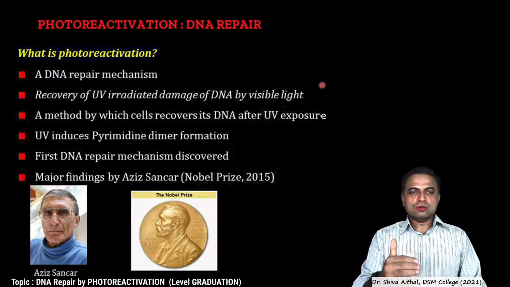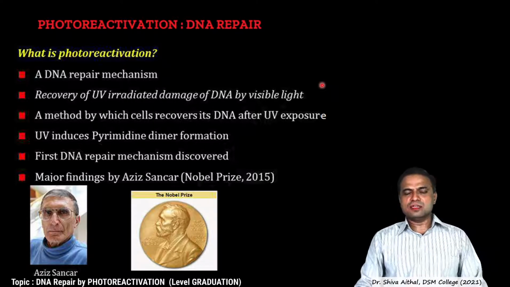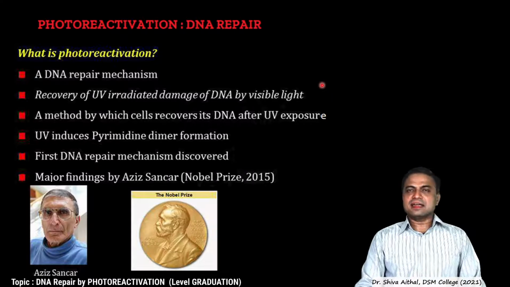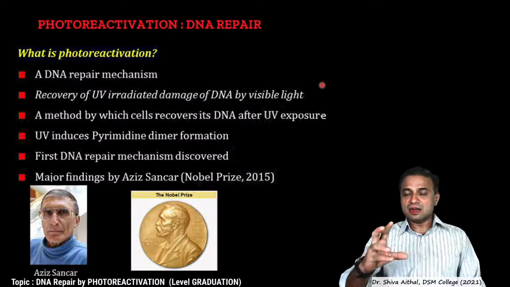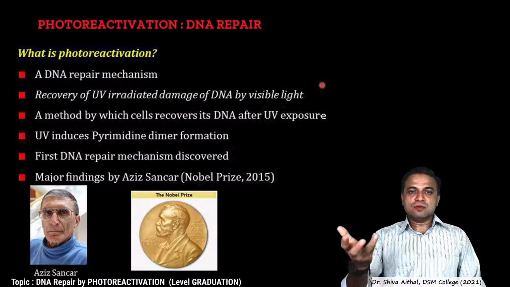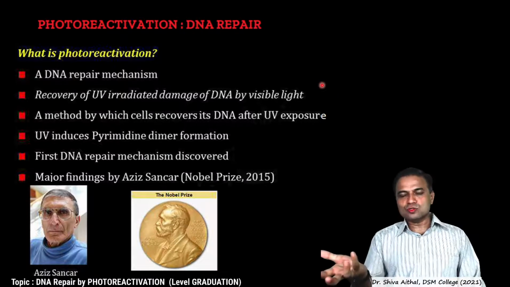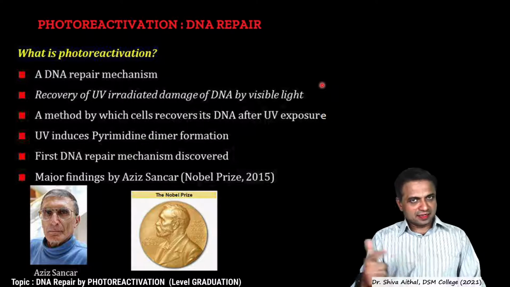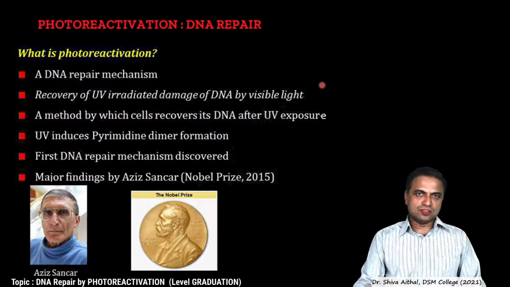But we all know the history of how various scientists were involved. There were many scientists involved before Aziz Sancar got the award. But this is a method which recovers the DNA after exposure to visible light. First the cells are exposed to ultraviolet light, therefore there is damage, and then they are exposed to visible light, due to which there is repair.